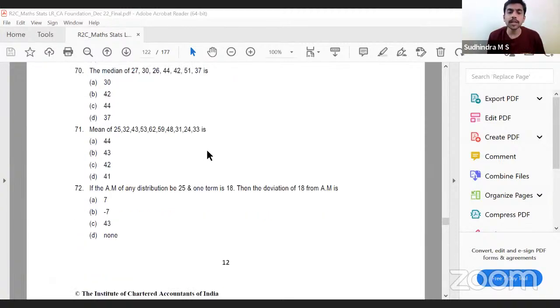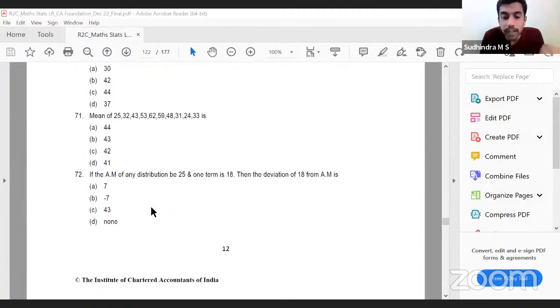If arithmetic mean of any distribution is 25 and one term is 18, then the deviation of 18 from arithmetic mean is... Read the question carefully. It is minus 7.